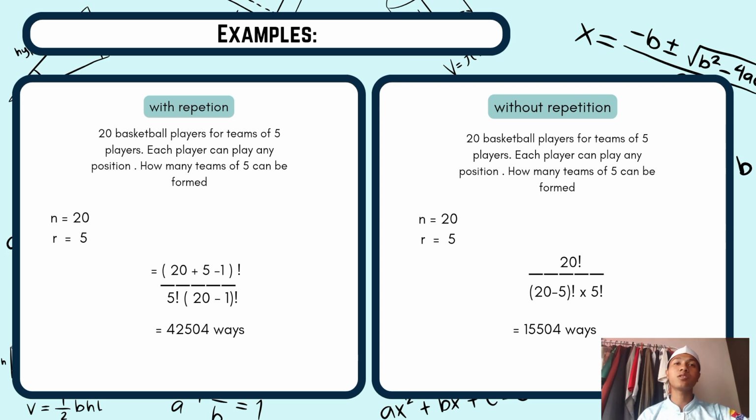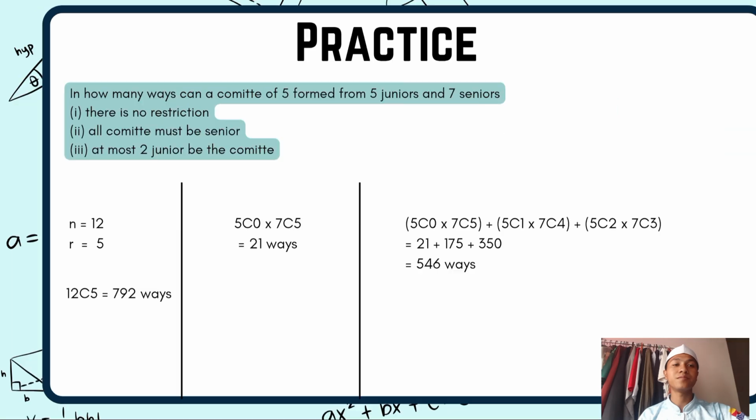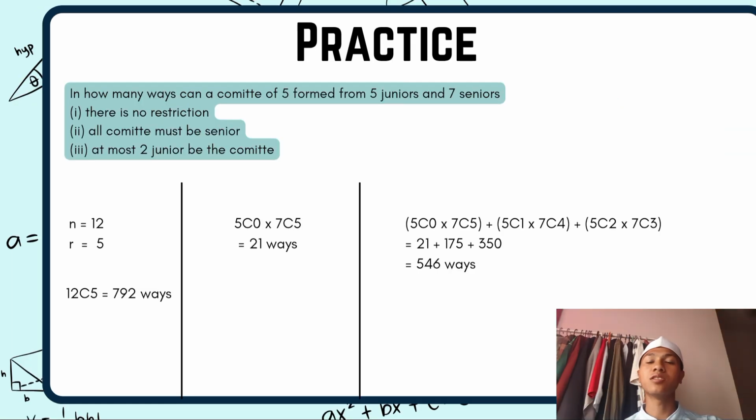The next one, without repetition, the same question but a different formula. We use the formula of combination without repetition, and we got the answer 50,504 ways.